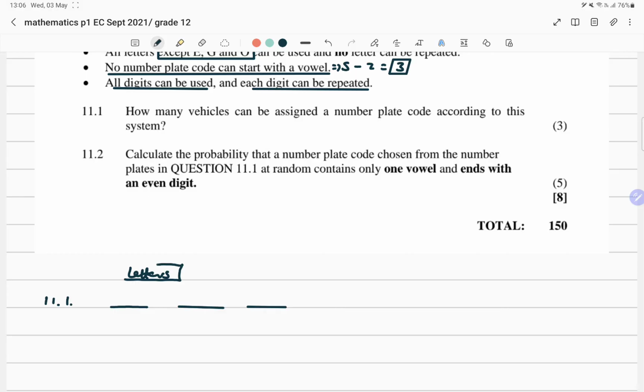So that is letters right there. And then we're going to have digits. There are 3 as well.